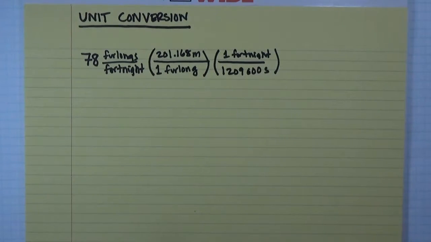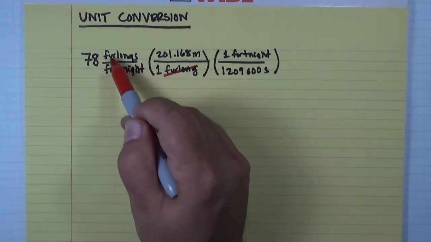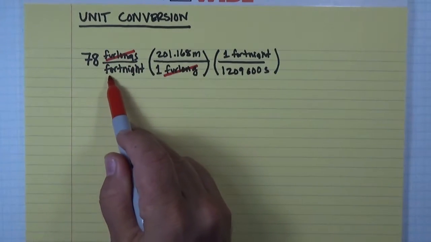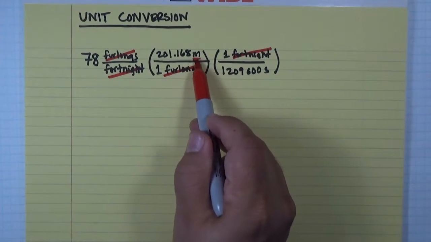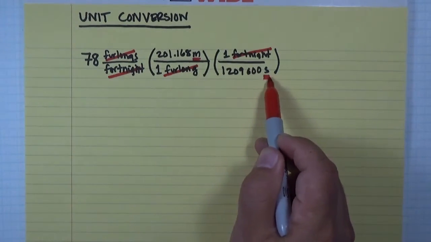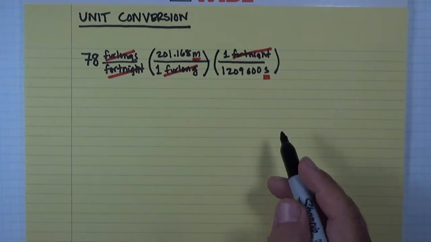Okay, so as we said would happen, the conversion of units will fractionally cancel furlongs and fortnights, and what I'm left with are meters in the numerator and seconds in the denominator, which give me units of meters per second, which indeed are units of speed.